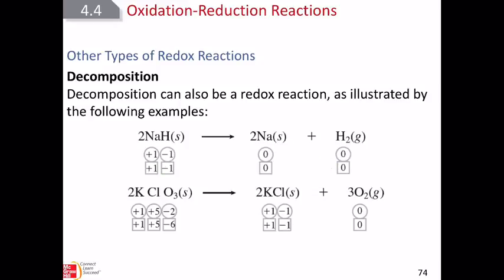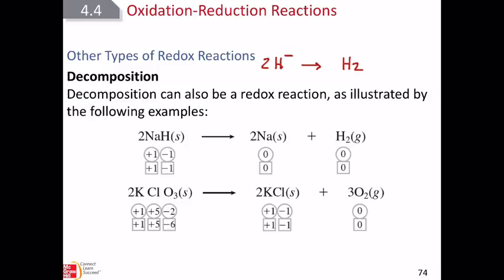If we wrote that as a half reaction, going from H to H2, there must be 2 of these, and no, sorry, it's not H+, it's H-. That's really important, actually.